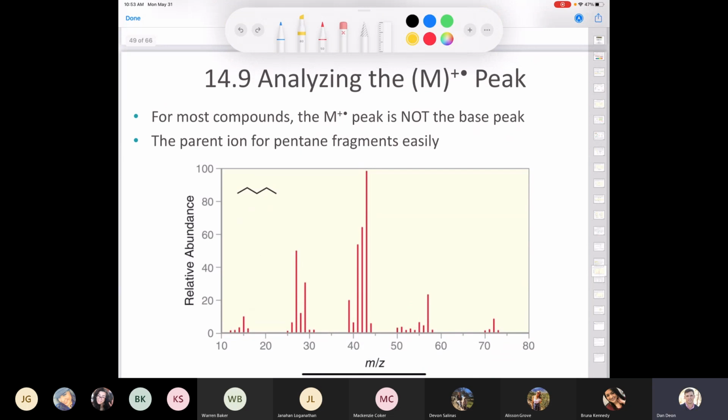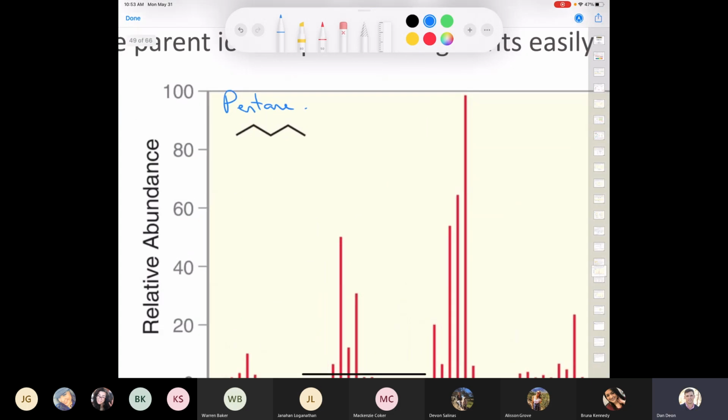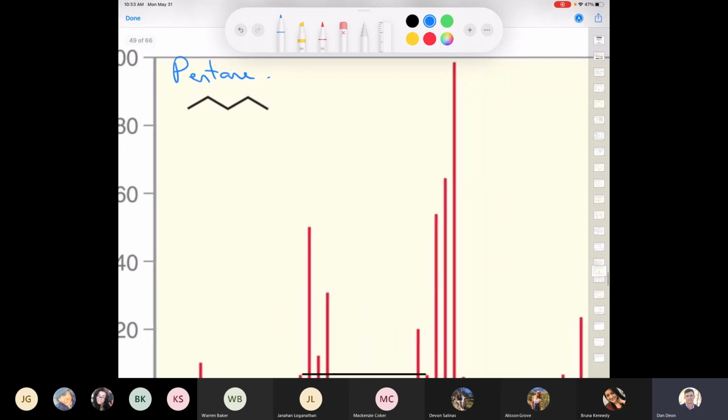This molecule is called pentane. If we tally up the molar mass of pentane, we have 5 carbons, so it's going to be 5 times 12 plus how many hydrogens? If we have 2n plus 2, that means it's going to be H12. So we have 12 times 1. We tally that up, we get 72.